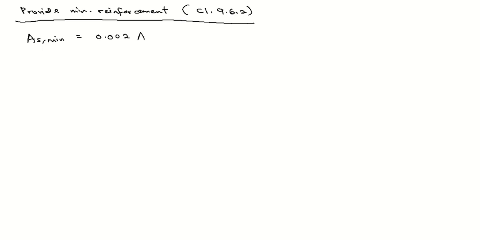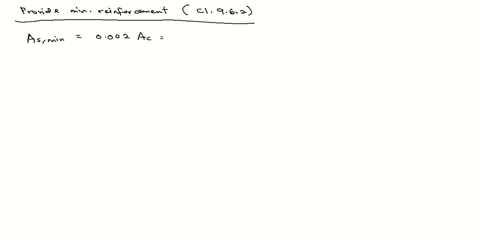So in clause 9.6.2, AS min is equal to 0.002 AC.